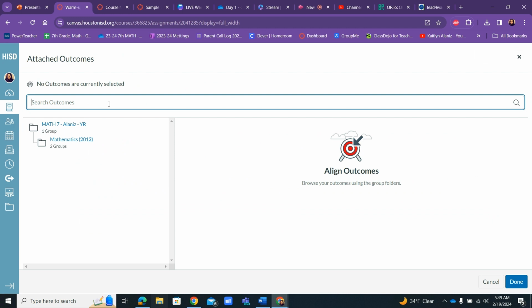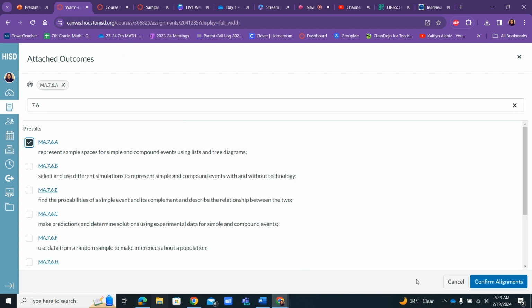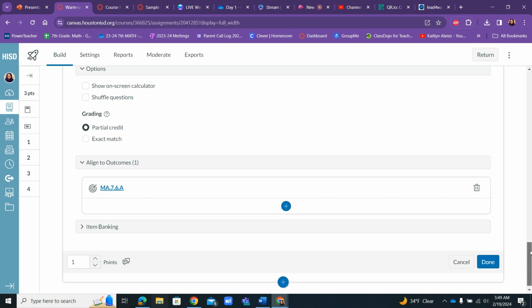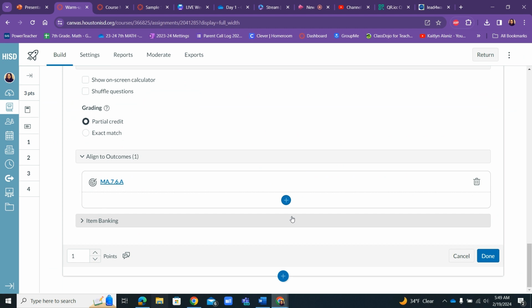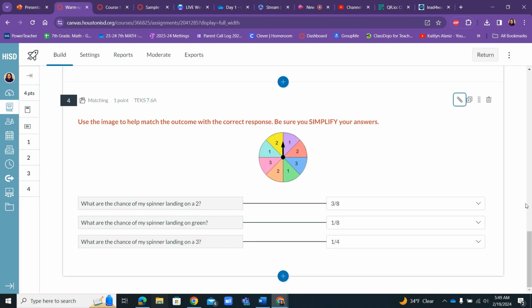The outcome, I'm going to make sure it's there. This really doesn't fall in line with sample spacing, but this is going to give me a good idea of what they know versus what they don't know. Okay, so I have my question, it's in the item bank, and it's showing me everything, right?